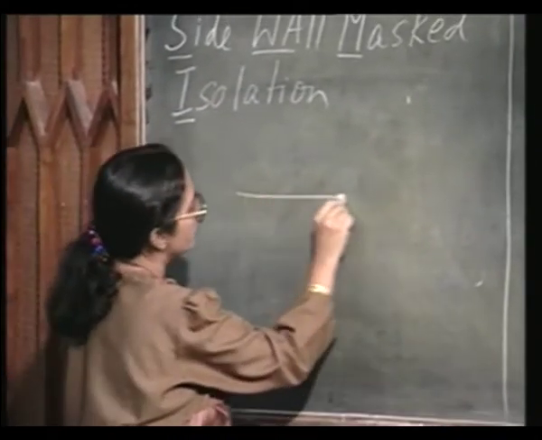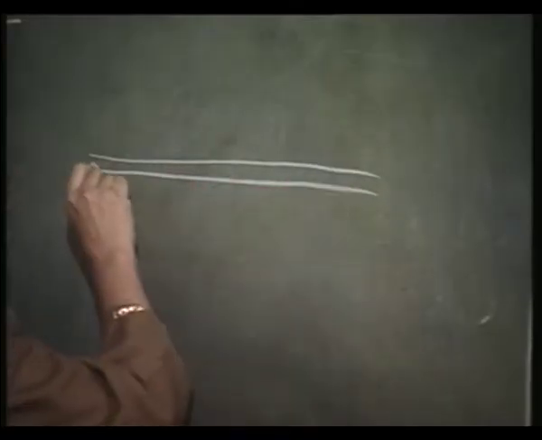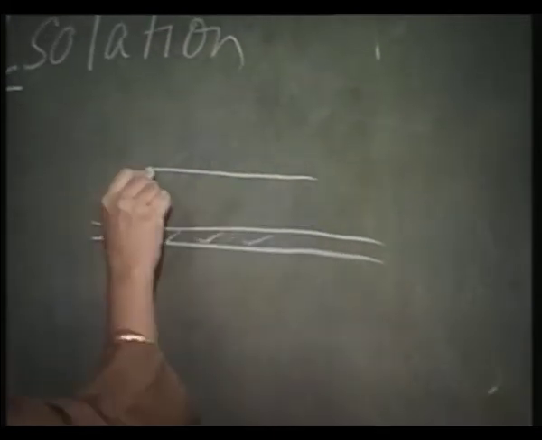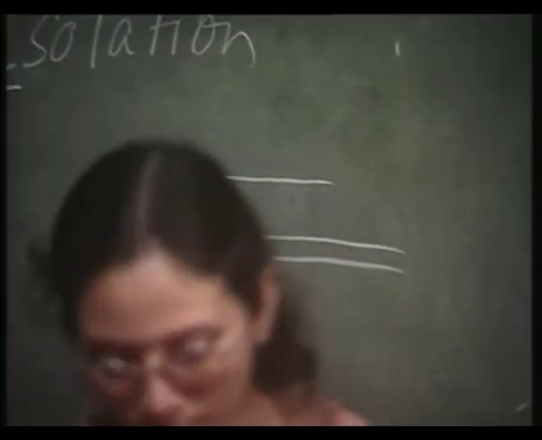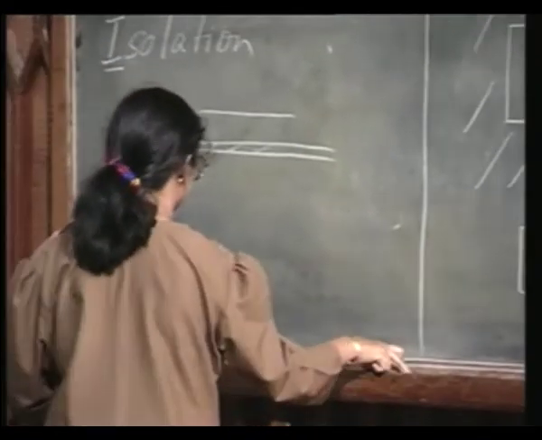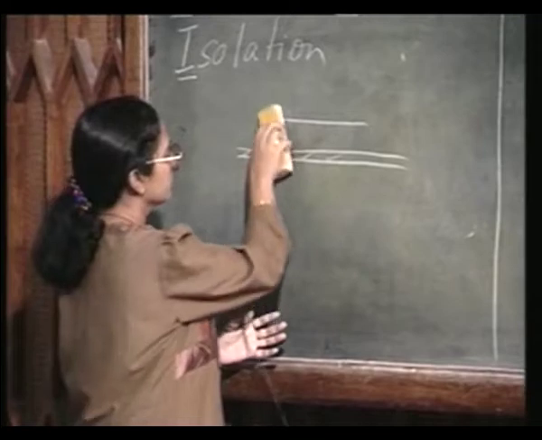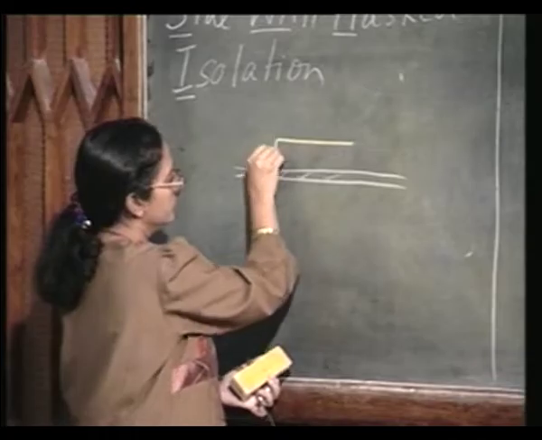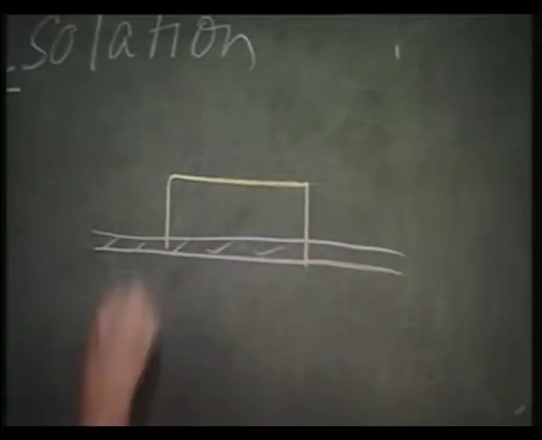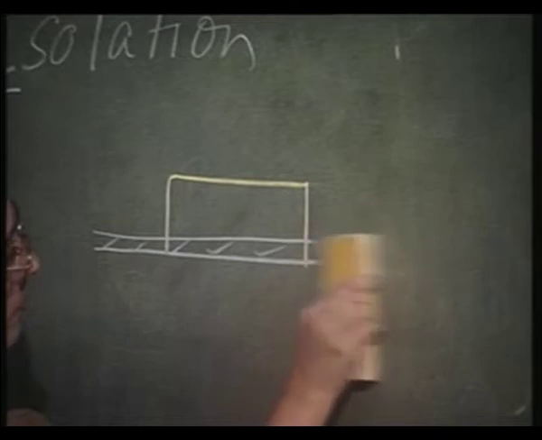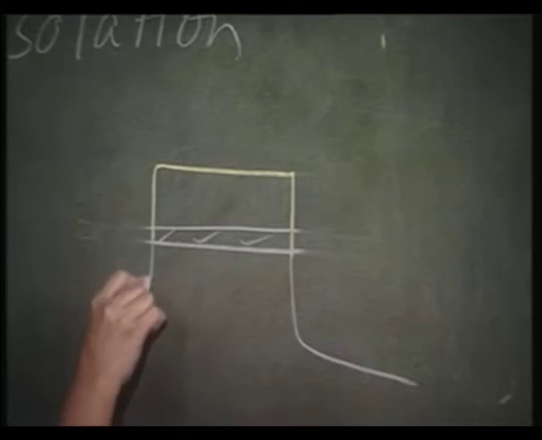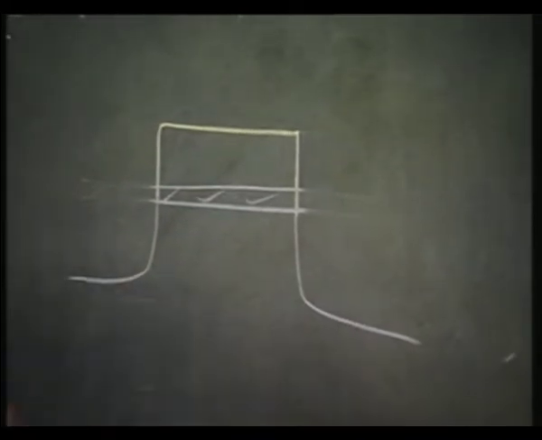So, in that what we do is very simple. You have the pad oxide and you have the silicon nitride on top. Now, you carry out the etching to the desired depth.